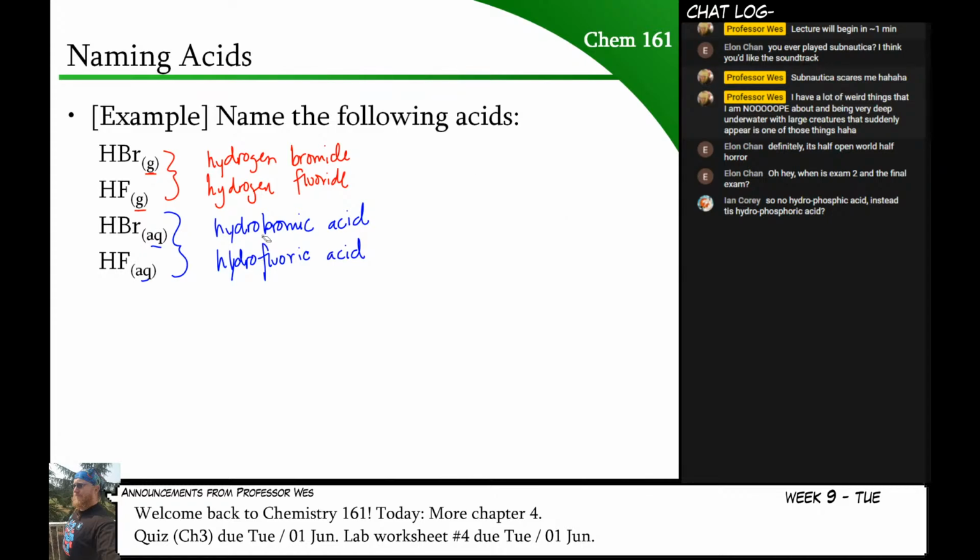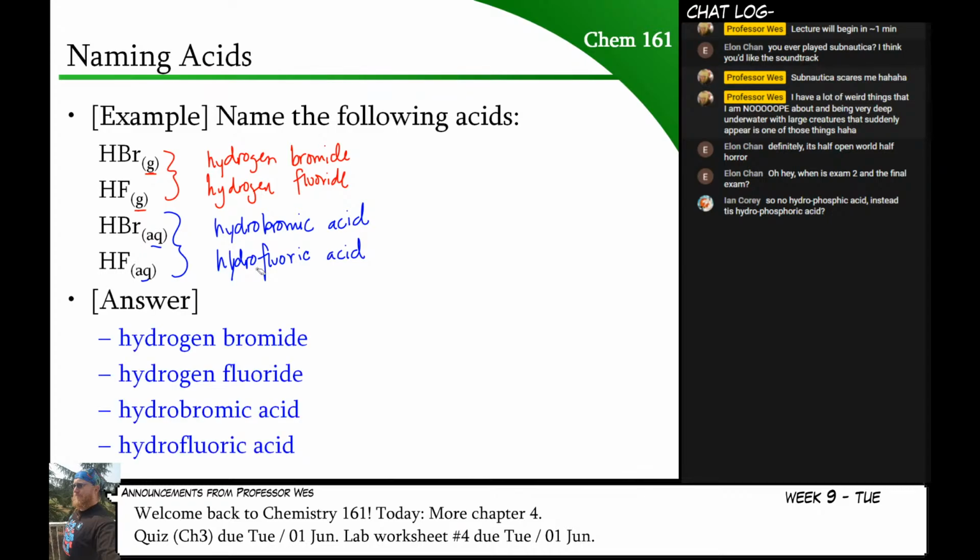So yeah, no hyphen between these two. I'm not going to give you theoretical compounds. So, like, I'm not going to give you H3P or H3N. Because if you type H3N, you're going to get ammonia, and you'll type in ammonia and get marked wrong. And that's sort of fair. That's, like, wait a second. Isn't this ammonia? Yeah, it totally is.